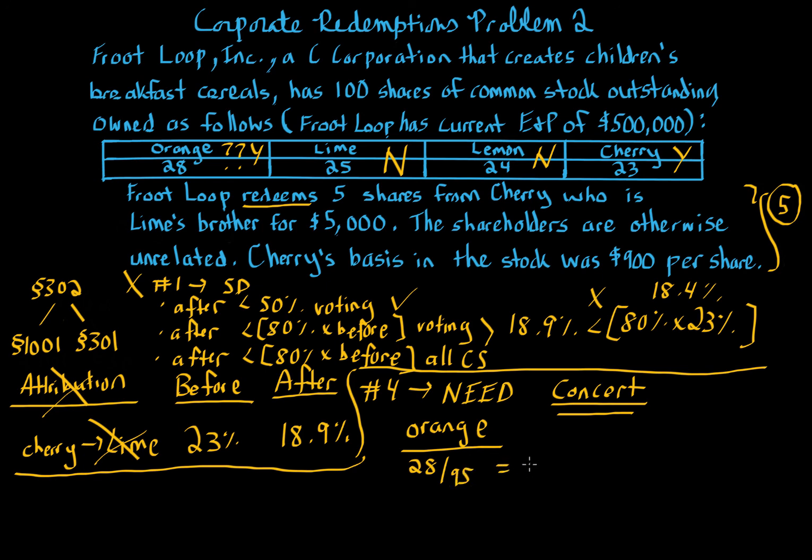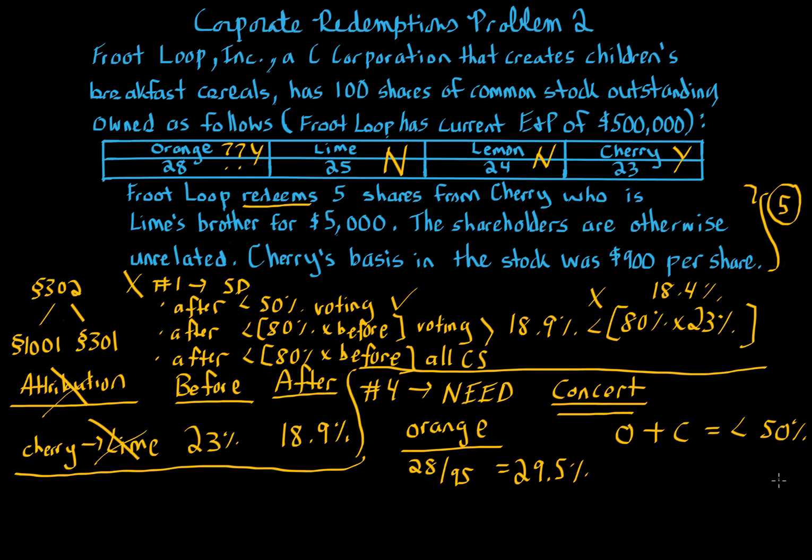So 28 divided by 95 is 29.5%. 29.5% plus 18.9% is 48.4%. So if we take Orange plus Cherry after, we get less than 50%.